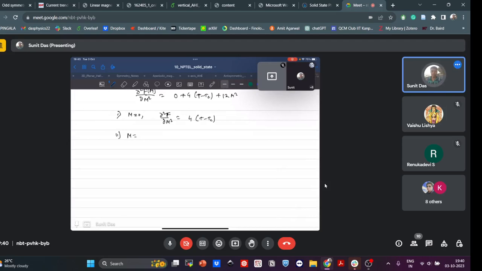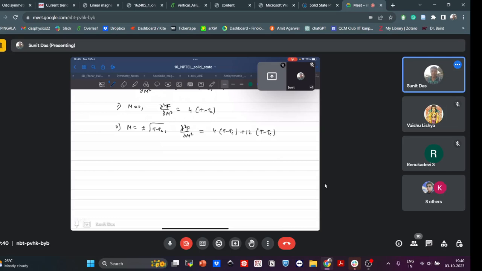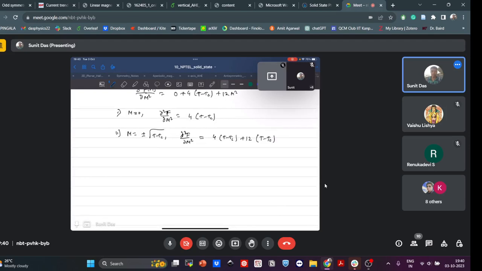Second condition, m equal to plus minus root over t minus tc, del 2f del m2 equals 4 into t minus tc plus 12 into t minus tc, right, m square.